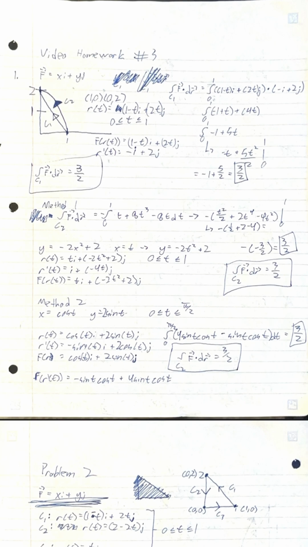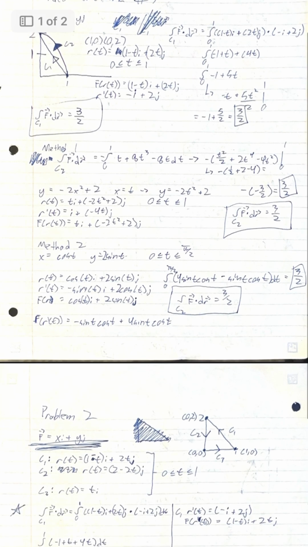And then all you do is plug that into the integral. So from 0 to 1, I took out the negative. The dot product is right there, and then I just integrated it in my head, plugging the bounds in from 0 to 1, and you get 3/2.